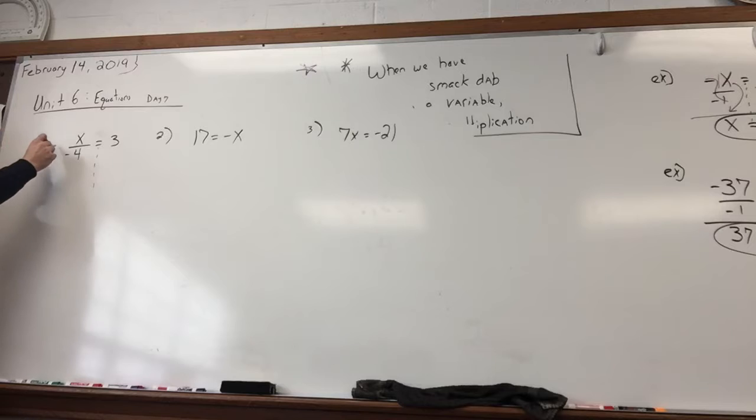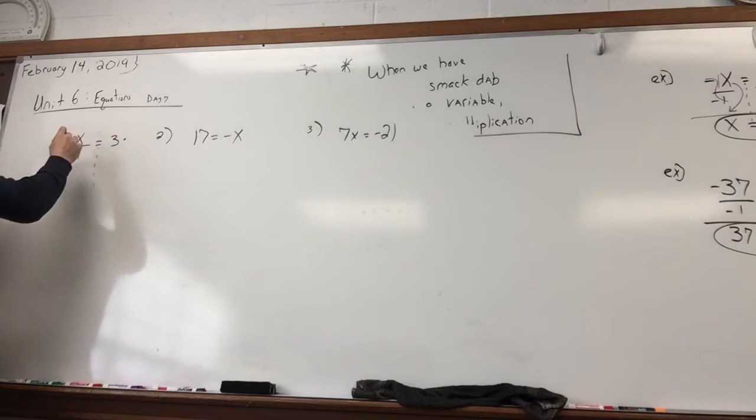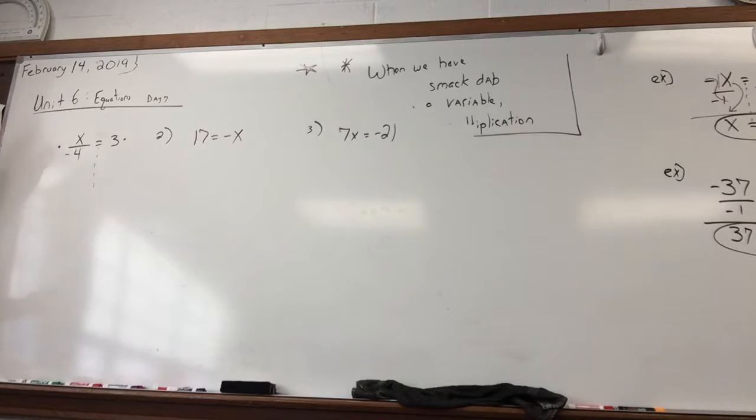So now when we multiply, how do we get a positive x? Well, how many x's are up top? 1. So this is 1 over negative 4. So to isolate that, we have to use the multiplicative inverse, which is multiplying by the negative 4.